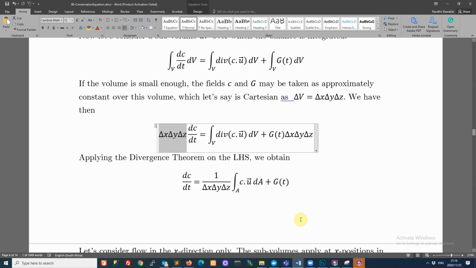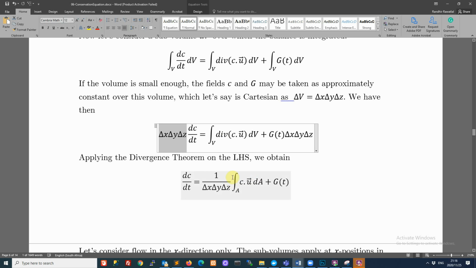Okay, and now if we divide through by delta x, delta y, delta z, clearly that can cancel here, and then we'll get 1 over delta x, delta y, delta z. And then in here, instead of using the integral over the volume of the divergence, we can use the integral over the area of the function itself.